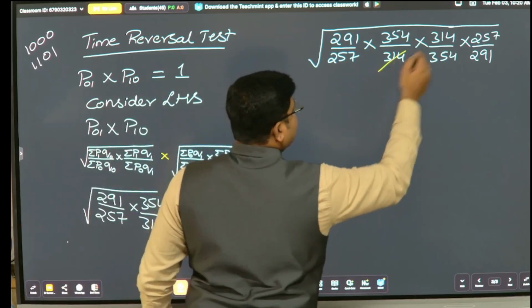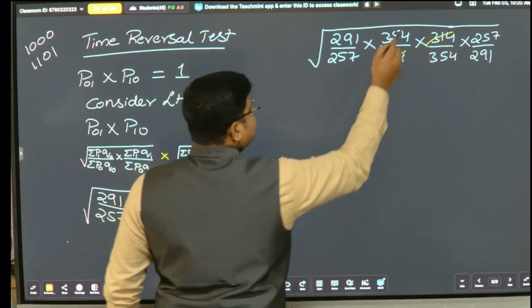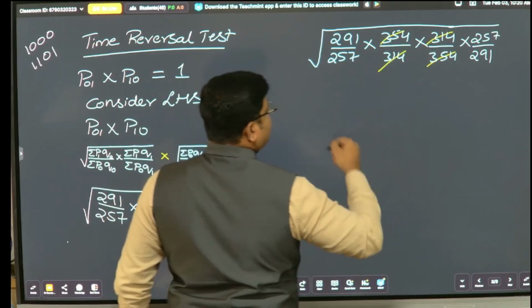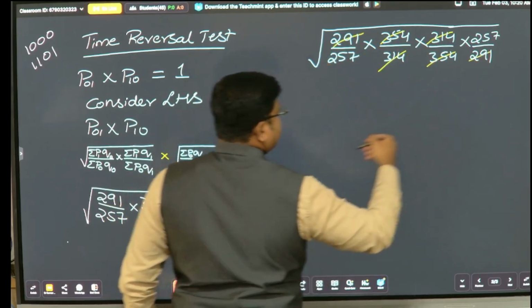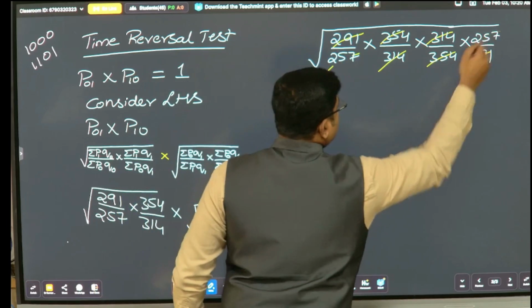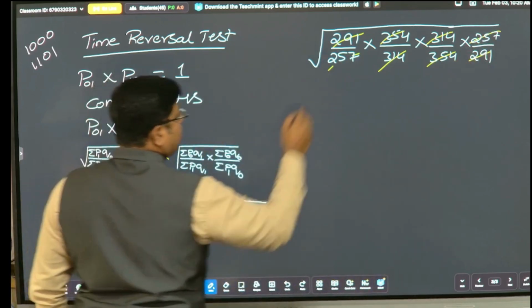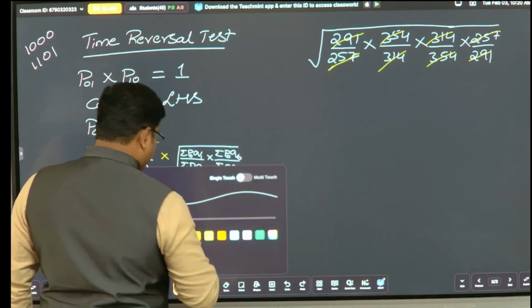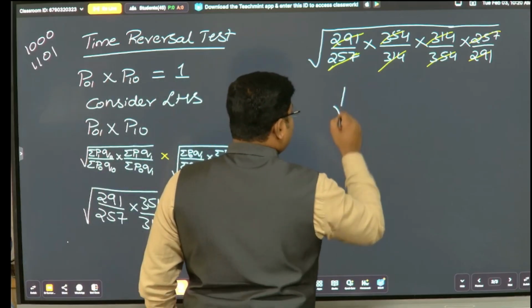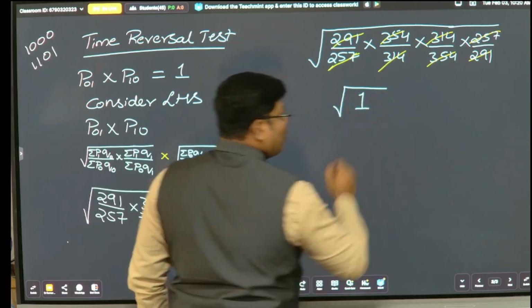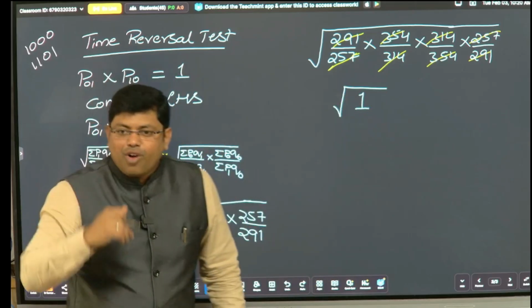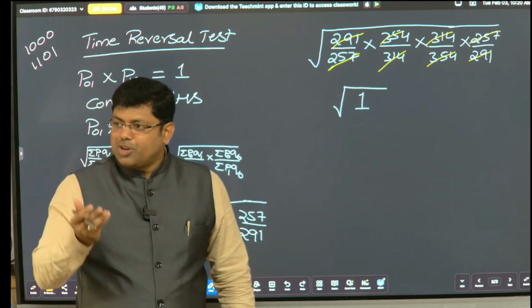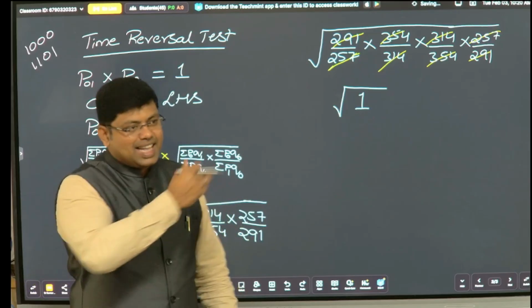314, 314, 354, 354, 291, 291, 257, 257. Correct? So what is remaining? 1. 5 by 5, what is the value? 1. So everything cancels and we get 1.